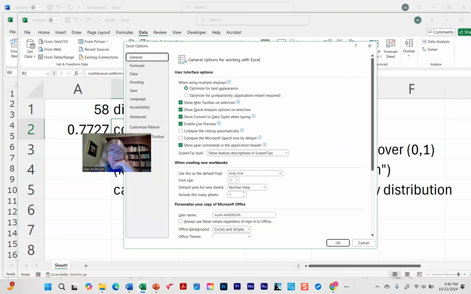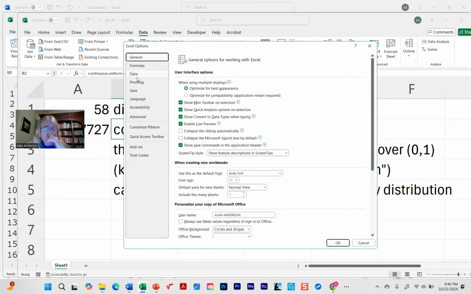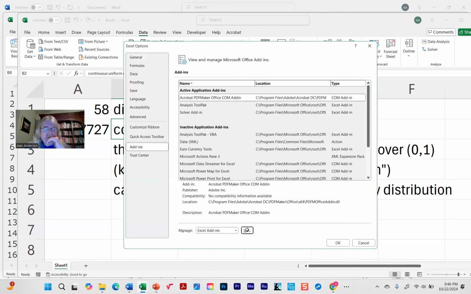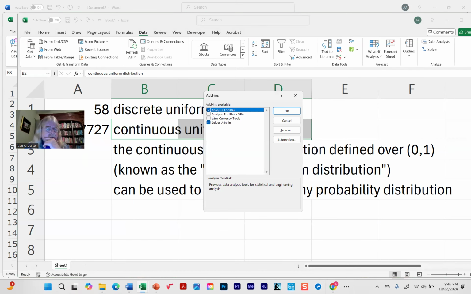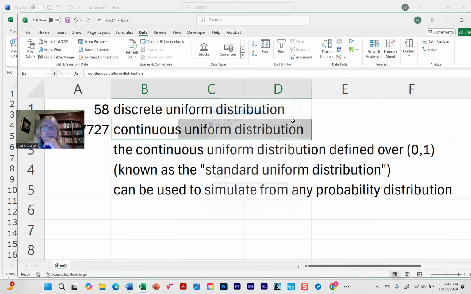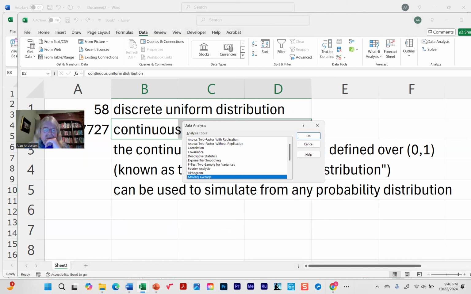You've got to tell it you are interested in add-ins, click the Go button, and then you just click on the one you want. It'll magically appear in your data tab. So when you go to pick it, you scroll through the list of functions it has. Right here, random number generation.